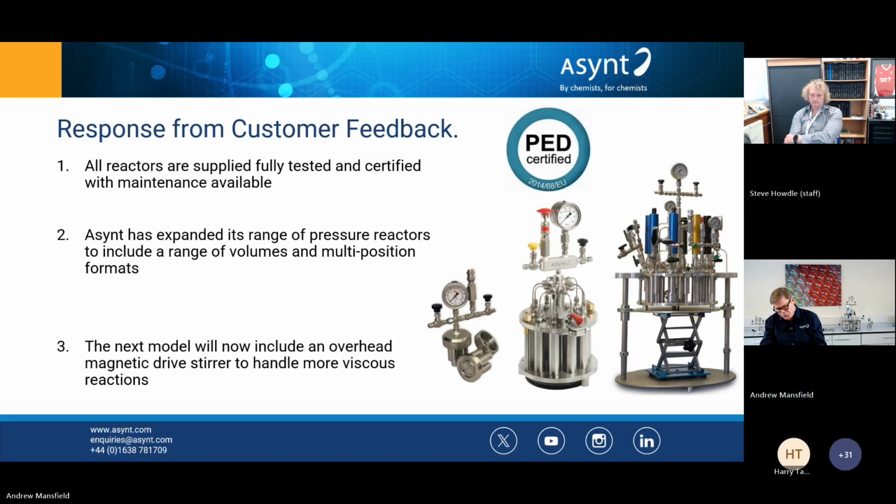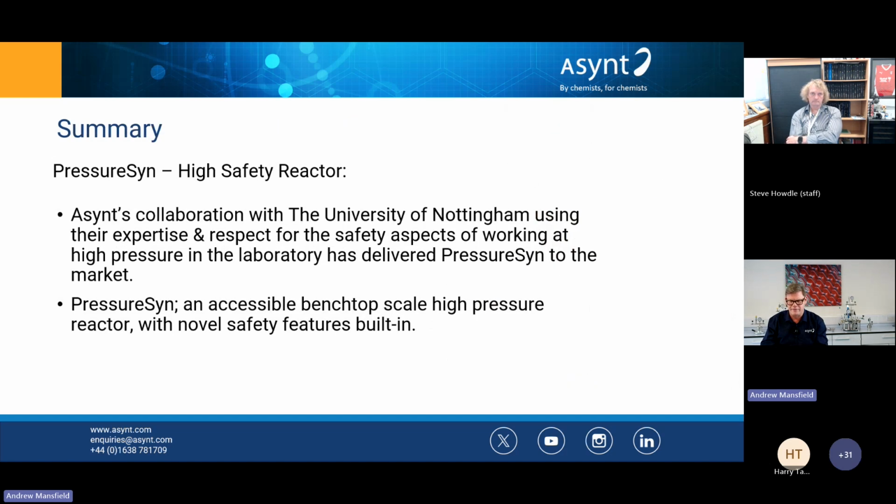But just to add, we can supply pressurized reactors in bespoke formats. We do have a range of different volumes and reactors for running parallel chemistry under pressure as well, say multi-position formats. But enough of that.